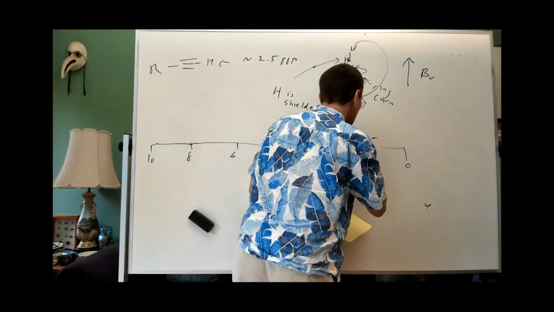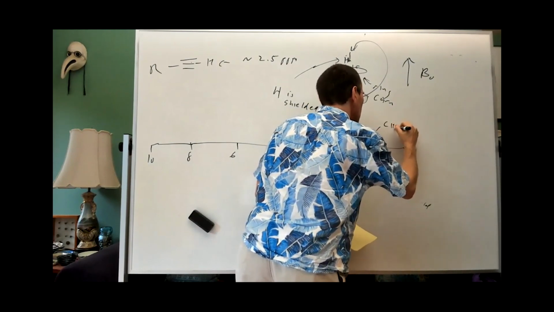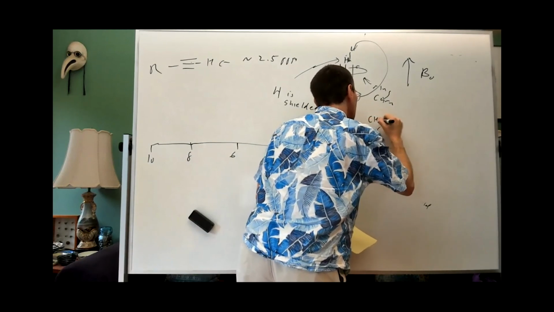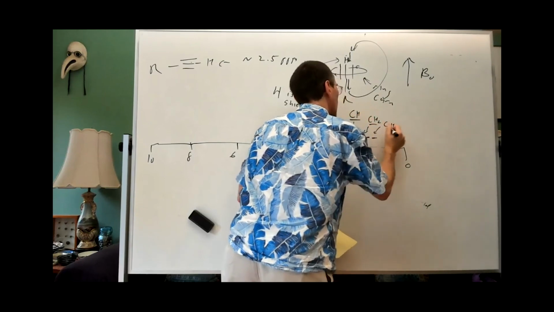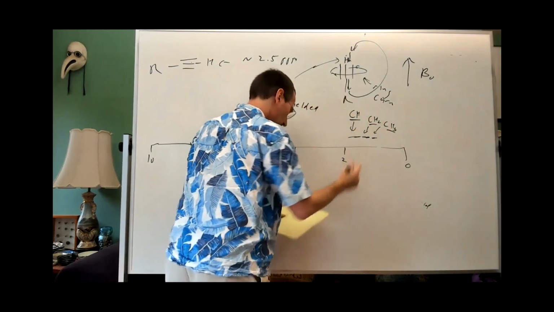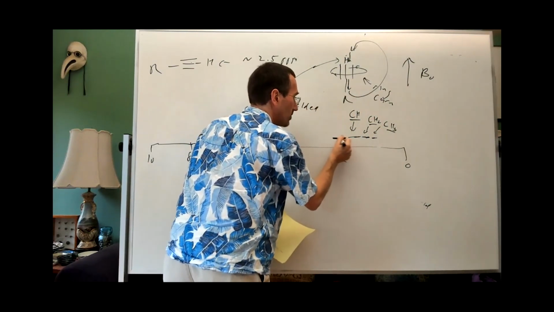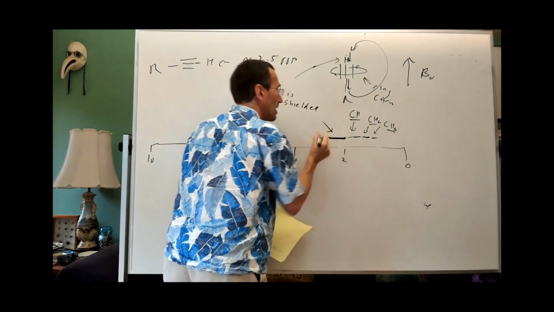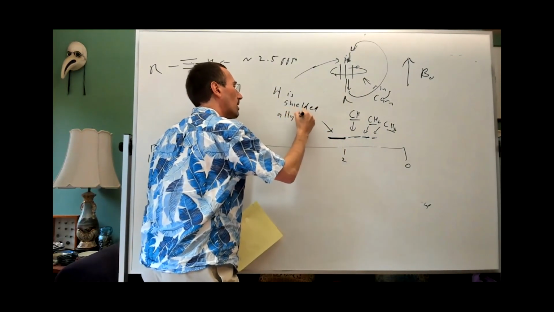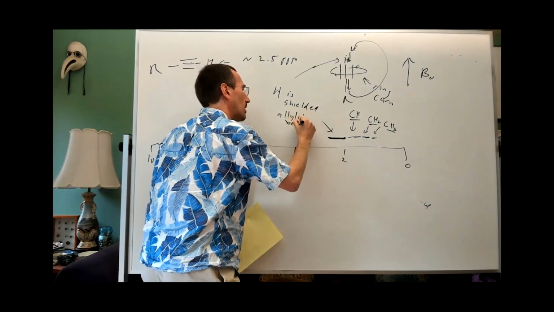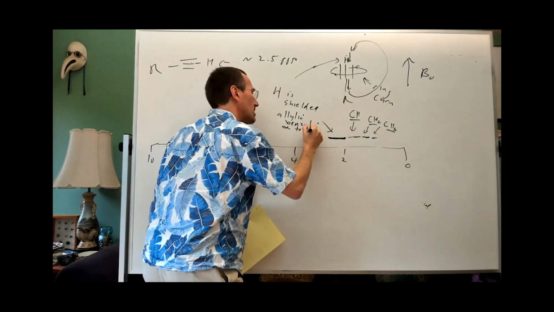Here are our methyls, here are our methylenes, here are our methynes. This region over here, somewhere right around 2 and a little bit further, I think of as allylic, benzylic, and alpha to carbonyl.